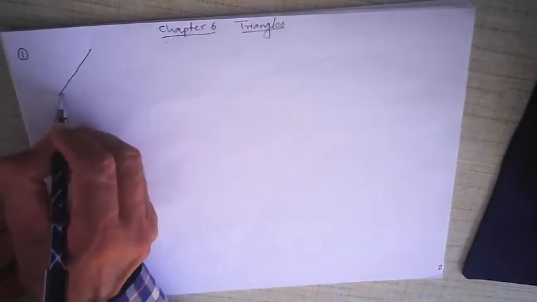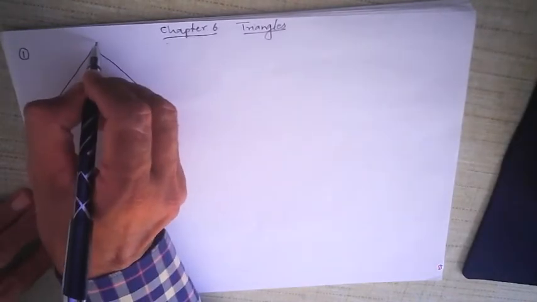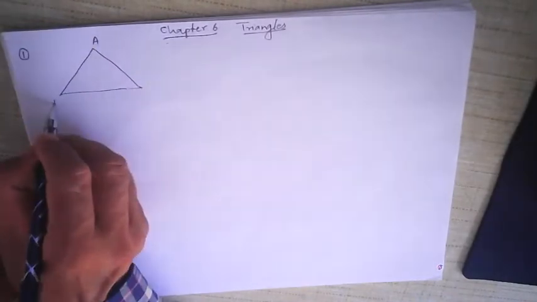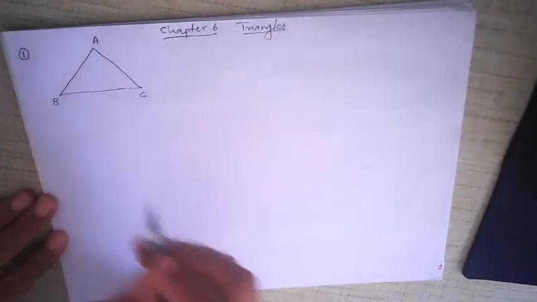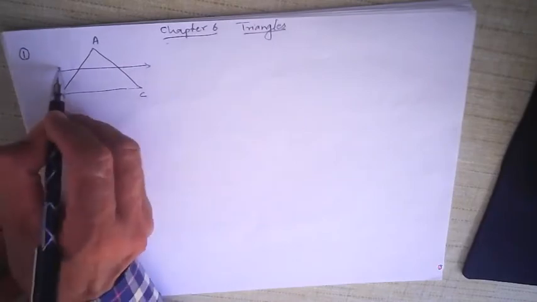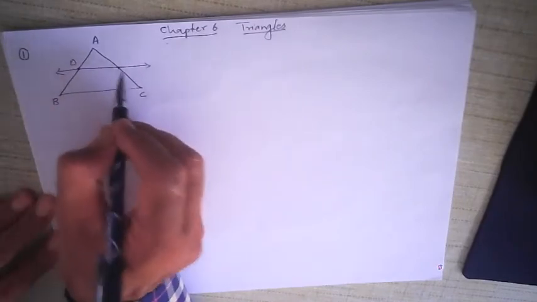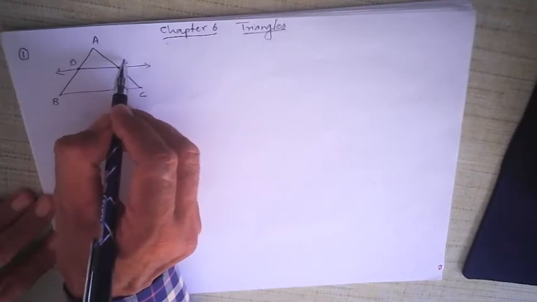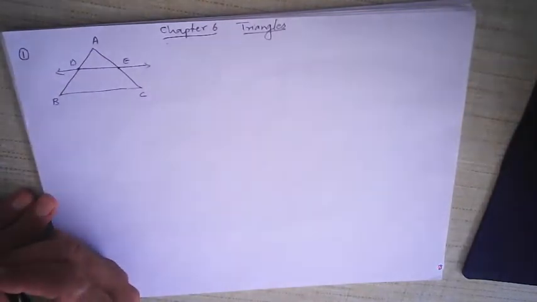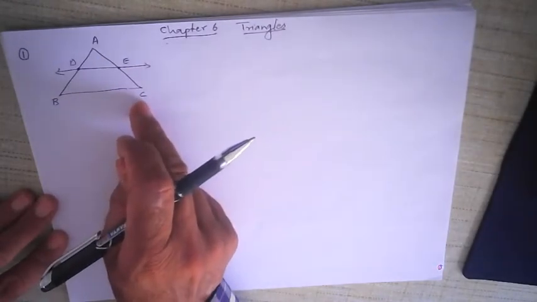Now let's see. For example, the first one says that there is a triangle here. Let us suppose this is your triangle ABC, and there is a line which intersects side AB in point D and side AC in point E, and this line DE is parallel to BC.